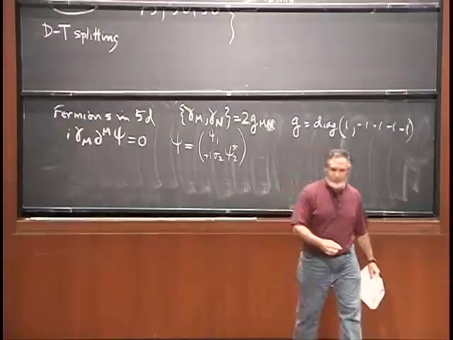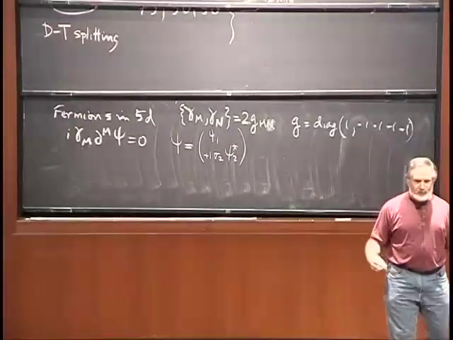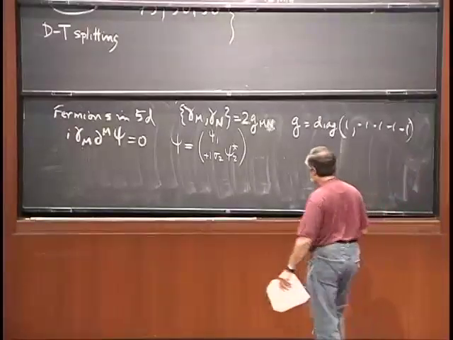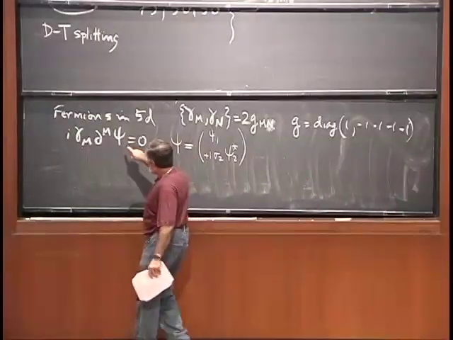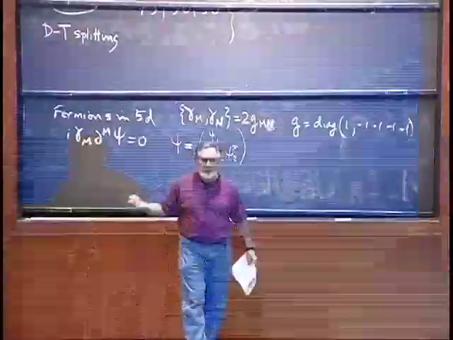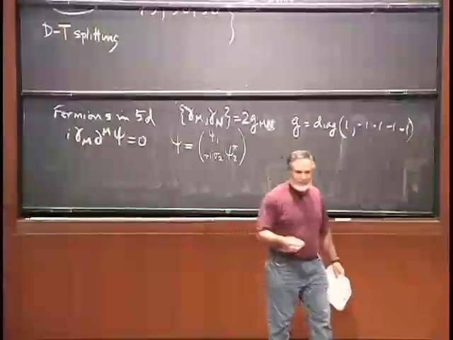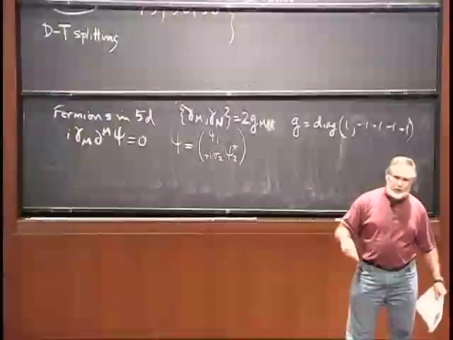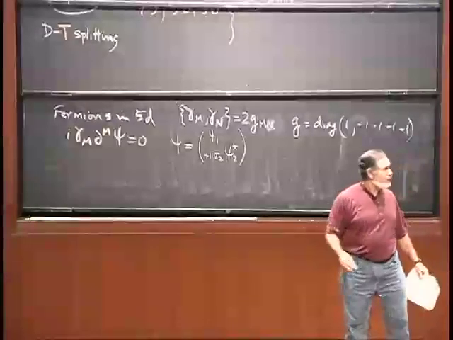Just like we wrote down in 4 dimensions, a Dirac spinor is written in terms of 2 Weyl spinors. The difference here is that in 5 dimensions, this is the smallest dimension for a spinor. It's a 4-component spinor. But when we break it down to 4 dimensions, we'll get 2 Weyl spinors in 4 dimensions.